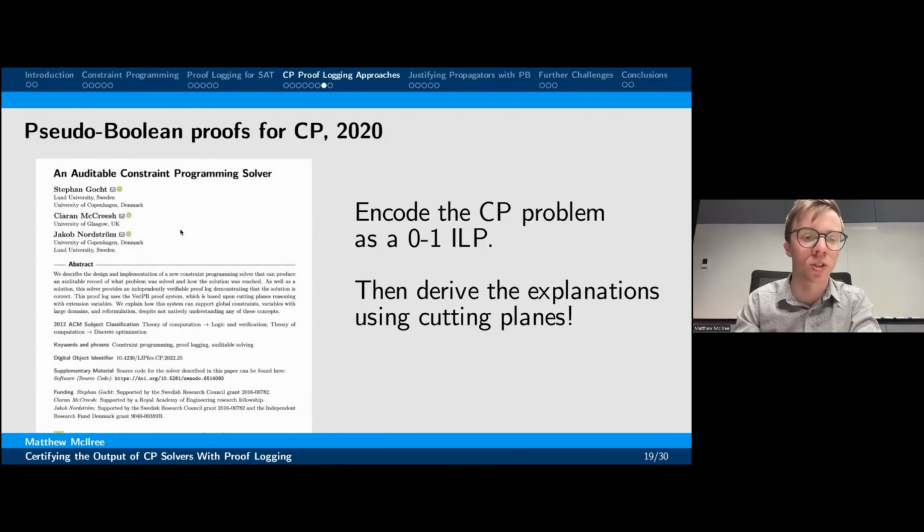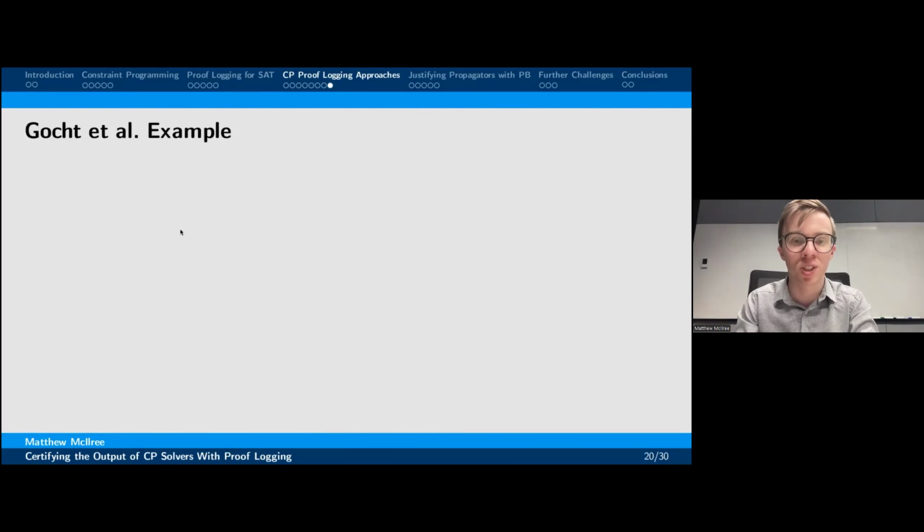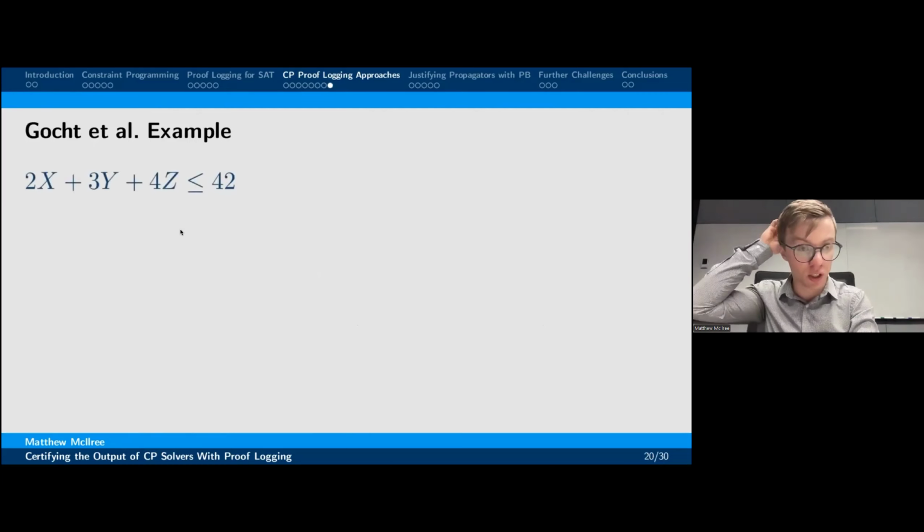I think these were the ones that were covered in this paper, which is already a significant enough toolkit to run many CP problem benchmarks. So although I'm not going to go into the full specifics of the VeriPB proof system here, I will show a worked example. And we've already seen what general proof scaffolds, if you like, for CP problems look like. So I'll instead just show how we can justify just one explanation in CP proof format.